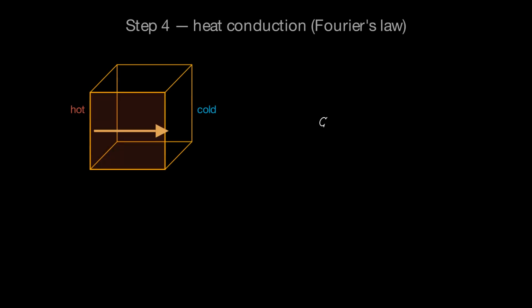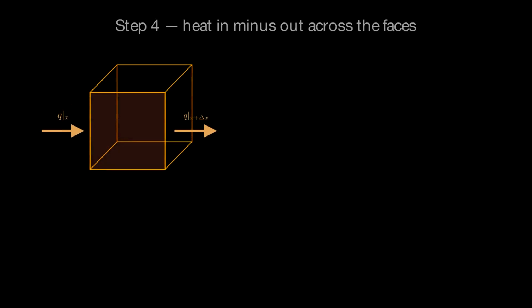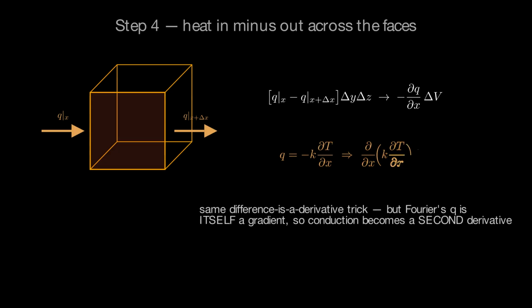Now, heat conduction. And this one needs no flow at all. Heat moves on its own from hot to cold down the temperature gradient. Fourier's law makes it precise. The heat flux is the conductivity times how steeply the temperature drops. Put that heat flux on the faces, in one side, out the other. The difference, with the cube infinitely small, is a derivative again, but the flux is itself a gradient of temperature, so a derivative of a gradient gives a second derivative, the temperature's curvature.